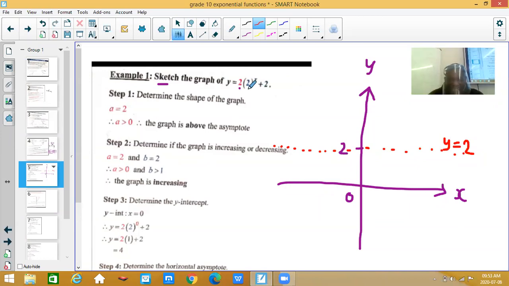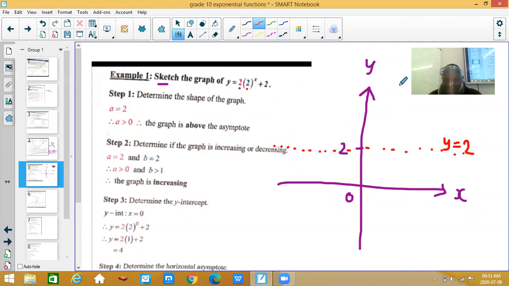You are looking at this number, this b. It is positive, and it's not a fraction. So if our b is 2, it implies that it is the first one. It is increasing, so it will be something like this.